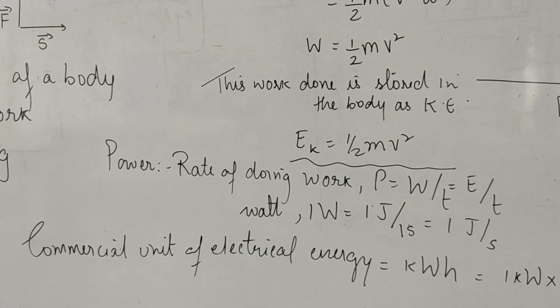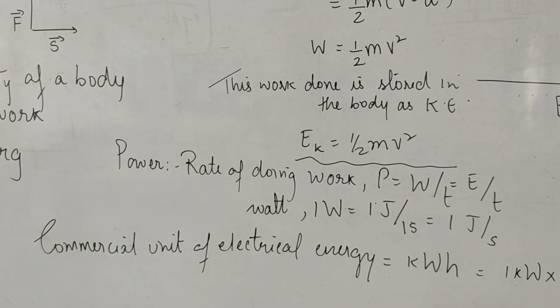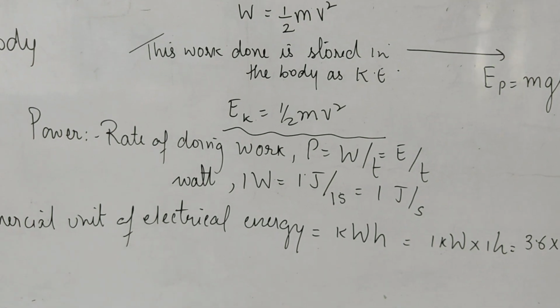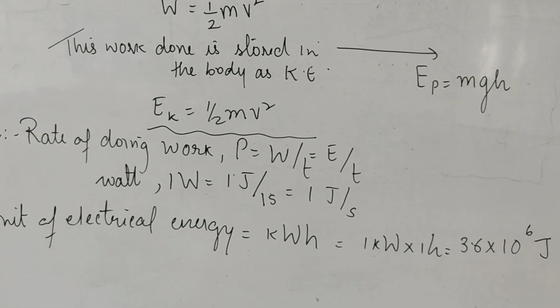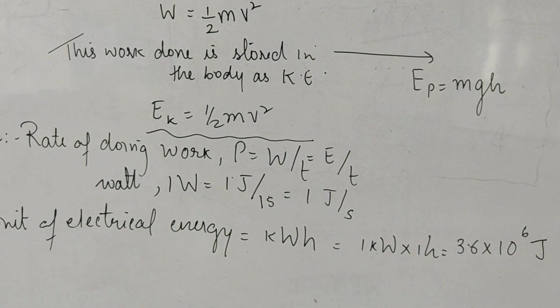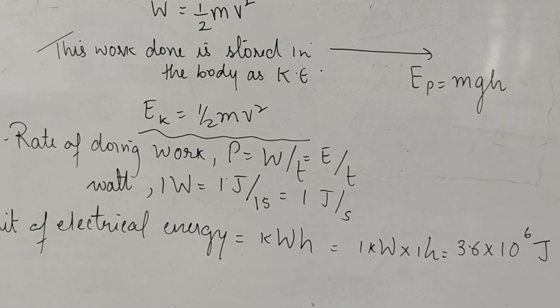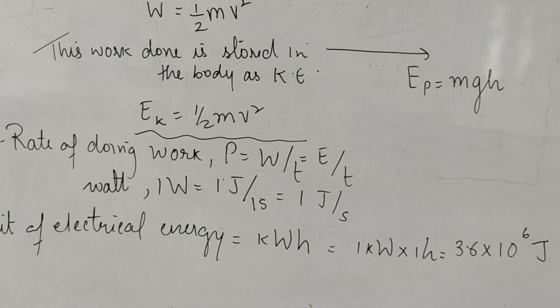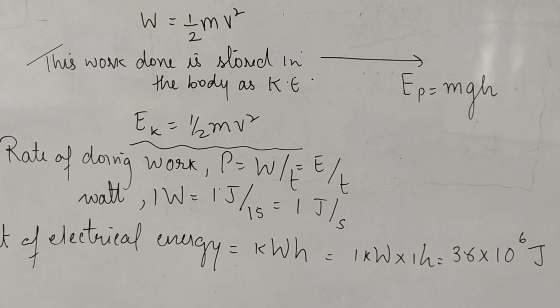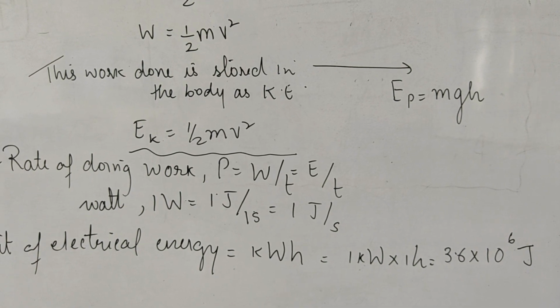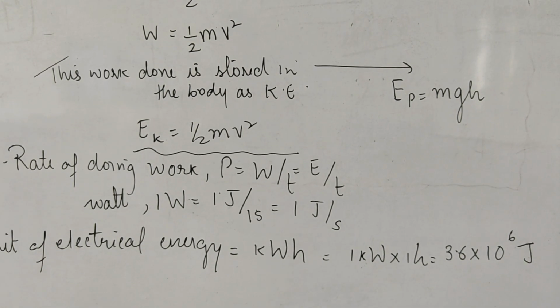Now the commercial unit of electrical energy is kilowatt hour, and we can define 1 kilowatt hour as the electrical energy consumed when an appliance having power of 1 kilowatt is used for 1 hour. So we can also show the conversion between electrical energy's SI unit and commercial unit.